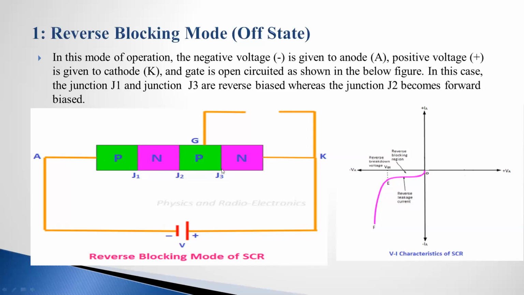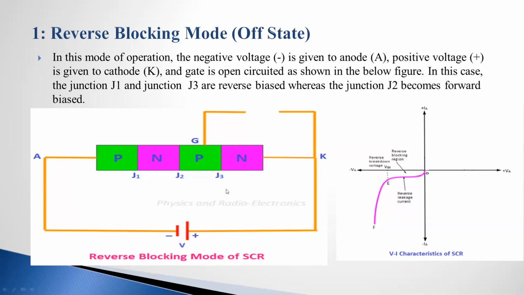Next, with respect to junction J3, the P type material is connected to the negative terminal of the supply and the N type material of this SCR is connected to the positive terminal of the supply.